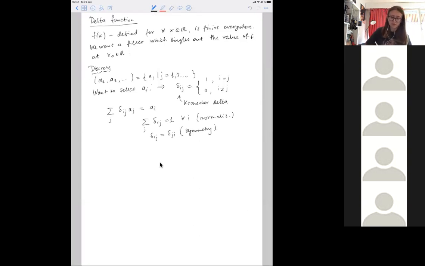And now we want to introduce something similar, but in the continuous case. Again, to single out a particular component, but on the continuous line of numbers.